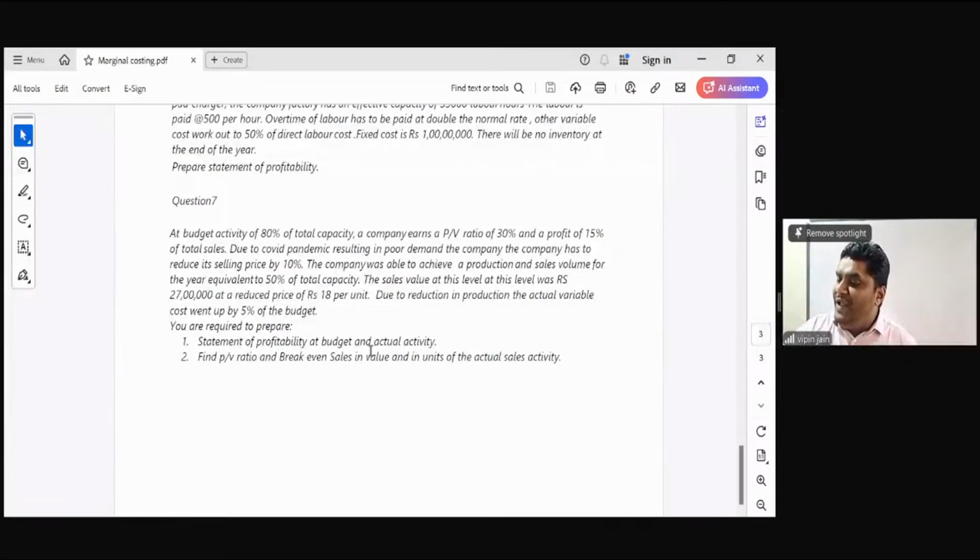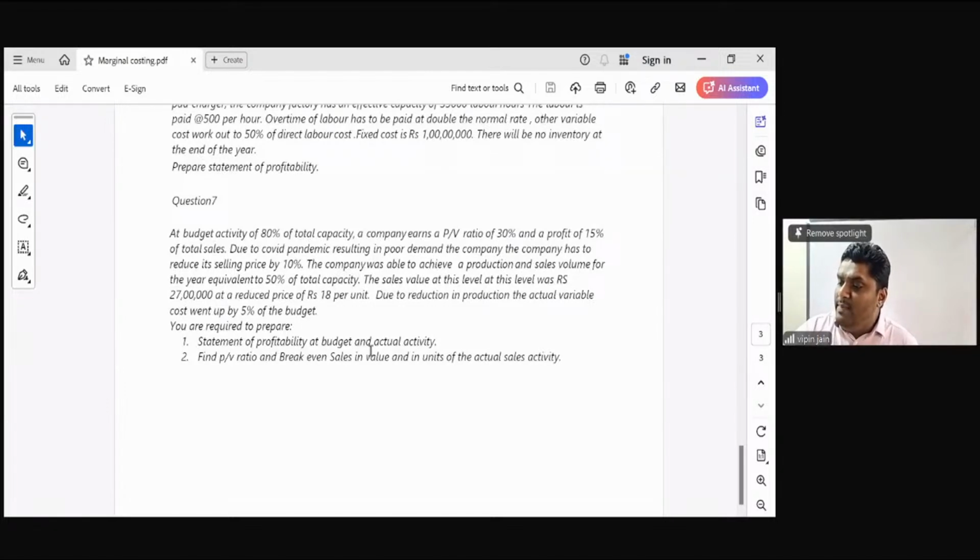At budget activity of 80% of the total capacity, a company earns a PV ratio of 30%. So there is a budgeted capacity of 80%, wherein the company earns PV ratio of 30% and its profit is 15% of total sales. Due to COVID pandemic resulting in poor demand, the company has to reduce its selling price by 10%.